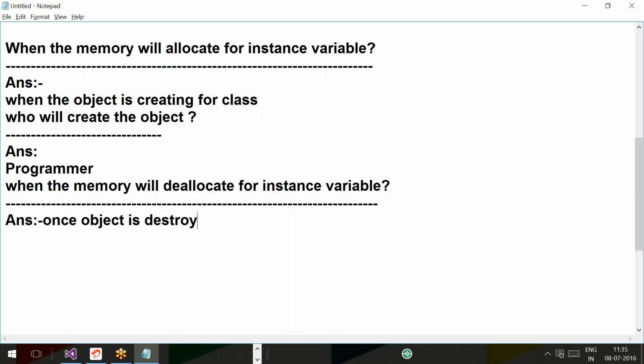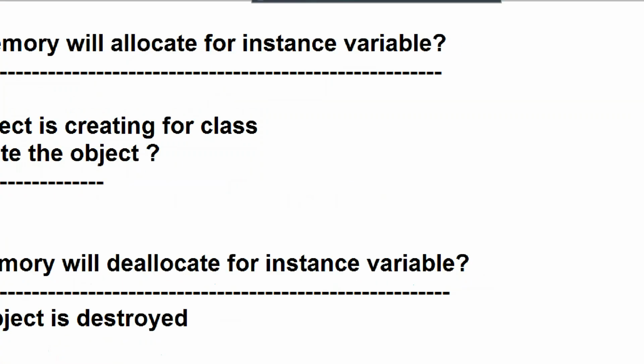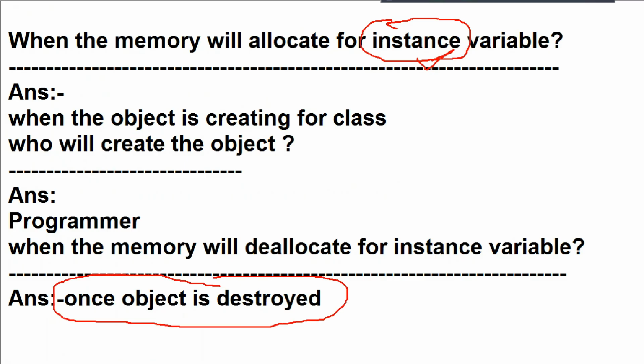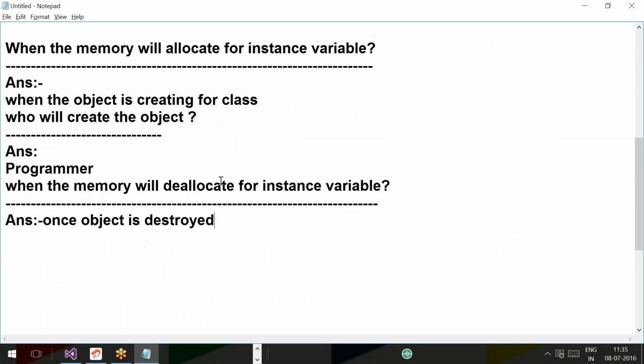Once the object is destroyed. You can observe that an instance variable is completely related to the object; instance is nothing but object. Memory is allocated for an instance variable when the object is created. Memory is deallocated for an instance variable once the object is destroyed.